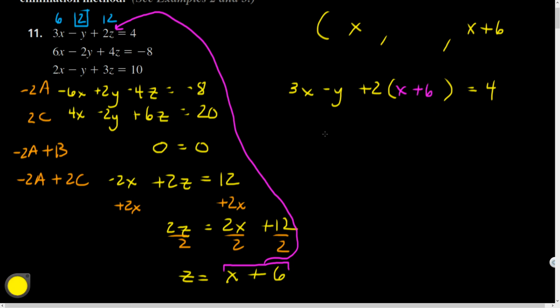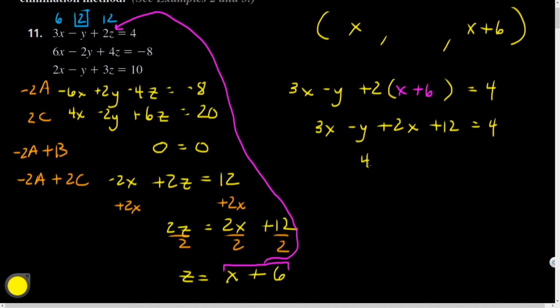And so now if I solve this equation for y, I'll get an expression that describes all of the y answers for this problem. So let's see, 2 times x is 2x, 2 times 6 is 12, equals 4. So notice the importance of those parentheses so that I'd remember to distribute.